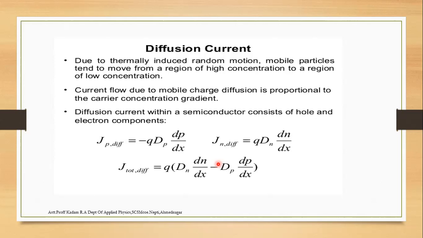That is called the diffusion current. The diffusion current flow of the mobile charge is proportional to the carrier concentration gradient.